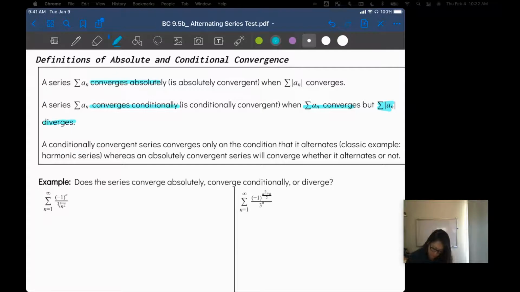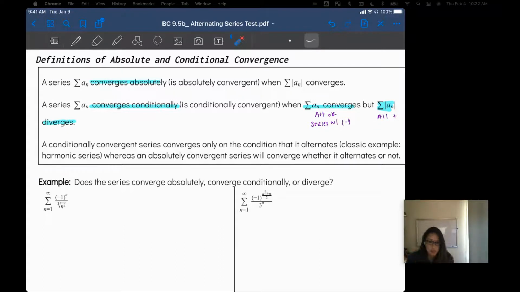So basically this means that if the series with alternating signs converges, but the series with all positive signs does not converge, then it converges conditionally. But if the series has alternating positives and negatives and the series with all positive signs converges, then it's absolutely converging.